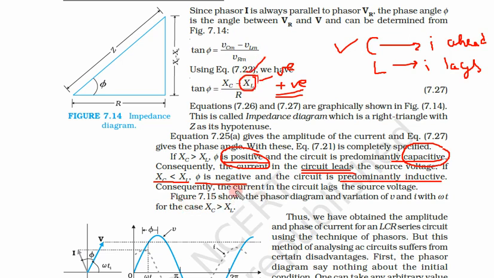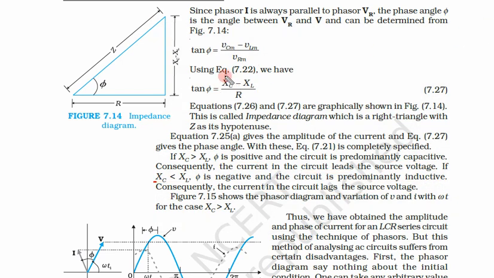In that case, current in the circuit lags the source voltage. So we have seen, if XC is more, everything is positive, current will lead. If XL is more, we get a negative value, the circuit will be inductive and current will lag.